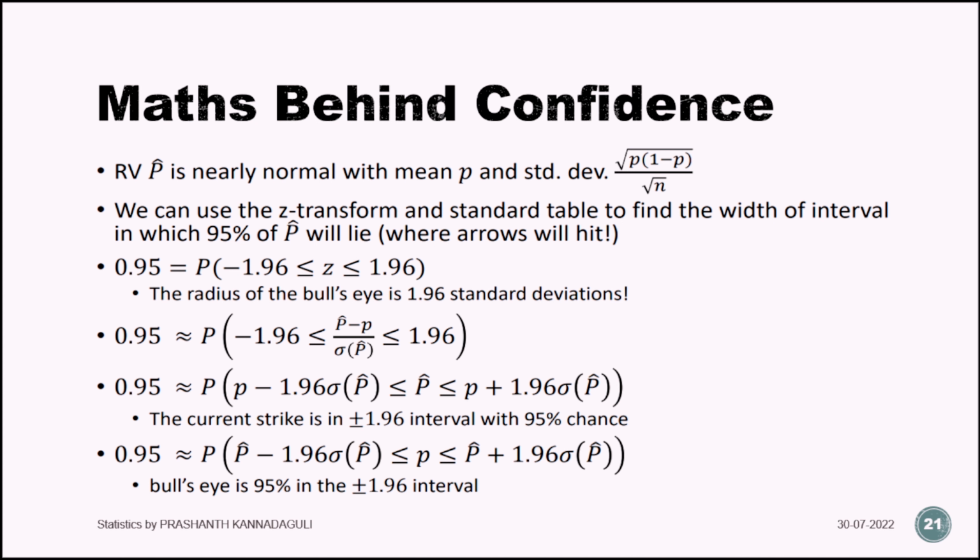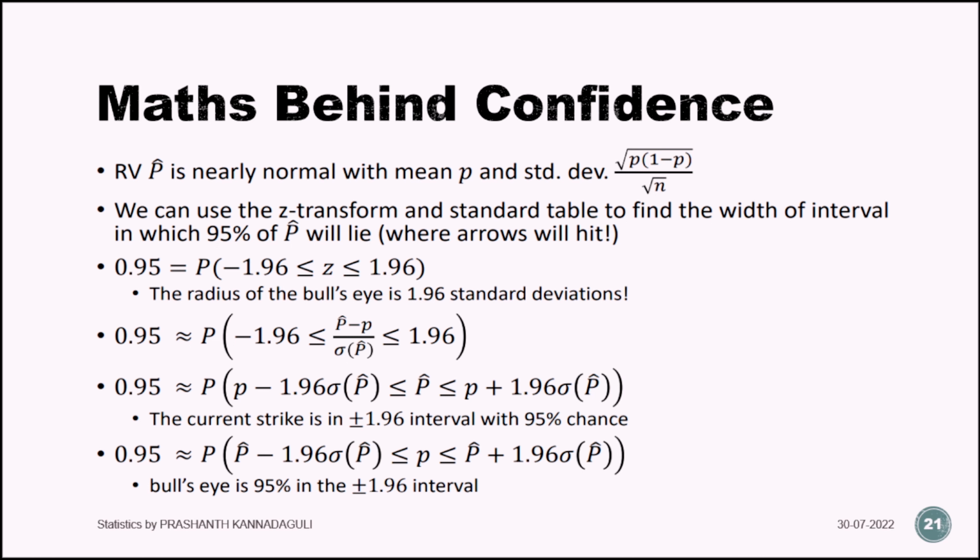I am supposed to perform a transform, the z transform, because right now I have p cap along the x-axis, so the p cap needs to be converted into z. How do you do that? X minus mu by sigma was there. Now I will do p cap minus the mean divided by sigma. But what is the mean? See the equation. I'll come to the left hand side later, don't worry. Why I'm writing 0.95, I'll come to that.